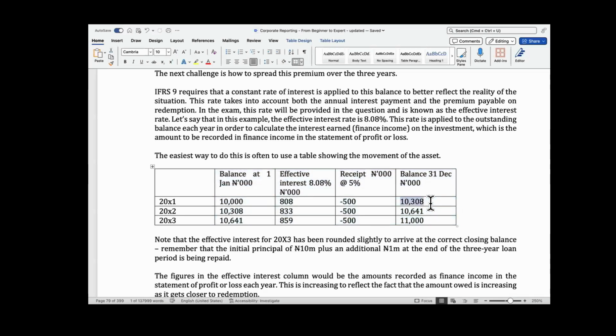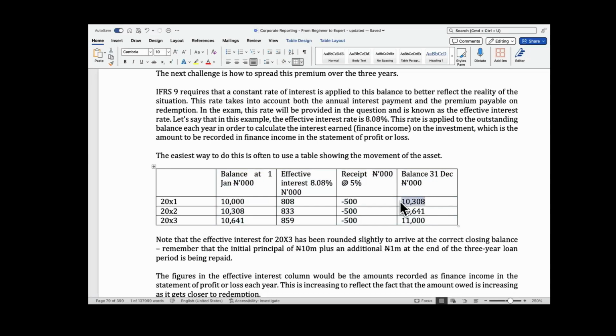You will get the market value at the end of each year. So instead of 10,308, the market value might become 10,500. And since it is fair value through OCI, that means we are making a gain that we are going to recognize in OCI. You fair value it. That's just the difference. You are still going to do this table.